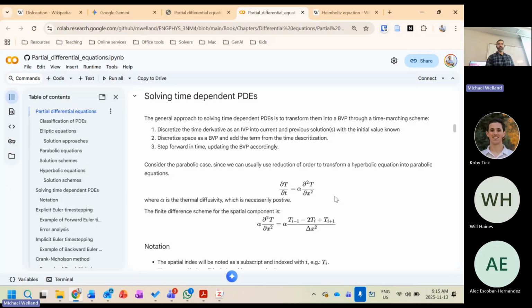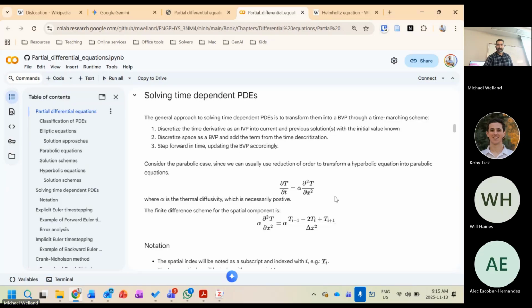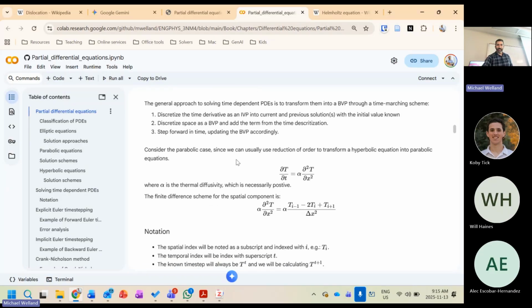Okay. The general approach to solving time-dependent PDEs is to transform them into an initial value problem. How many times have I said this today already? We're going to discretize time as an initial value problem into the current and previous solutions, and we're going to assume that we have some kind of information about that. We need that time boundary condition. Okay, parabolic case.